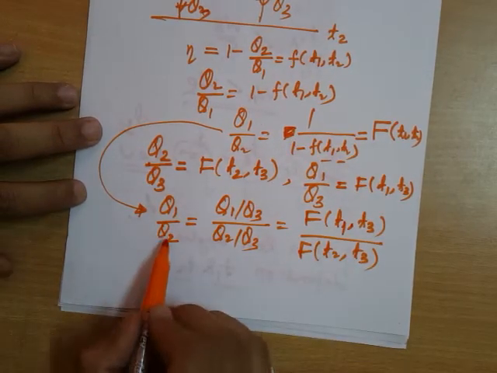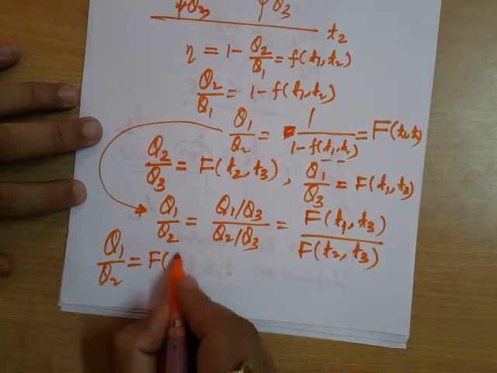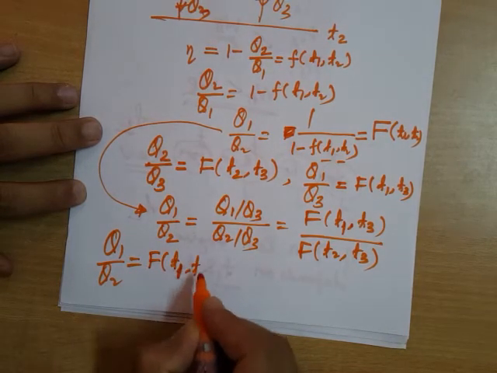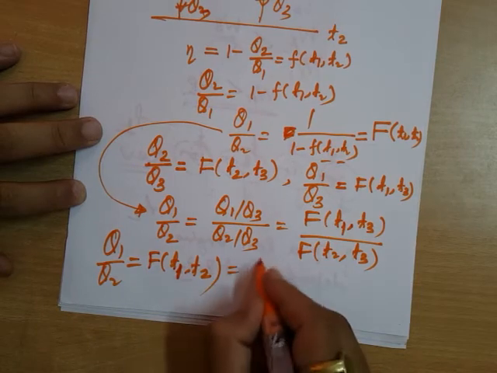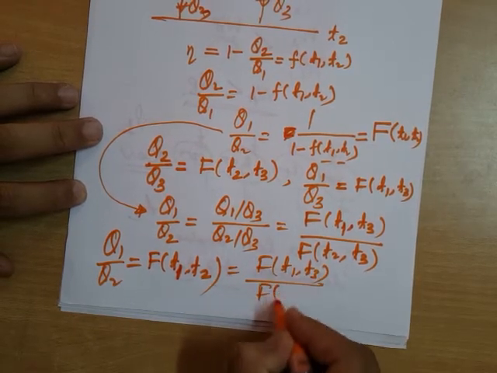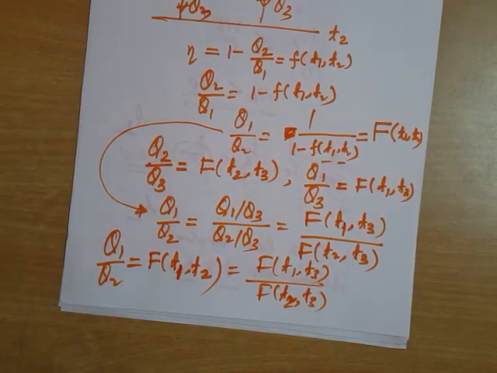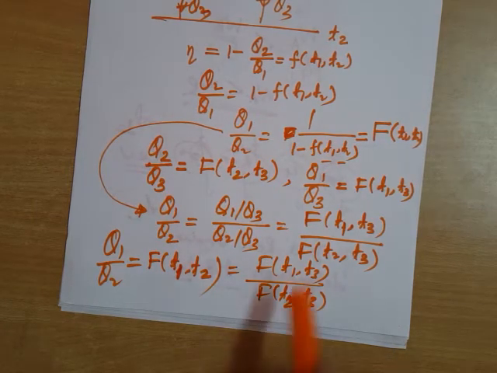But what is Q1 by Q2? Q1 by Q2 was originally a function of T1 and T2. And this is represented as this ratio.